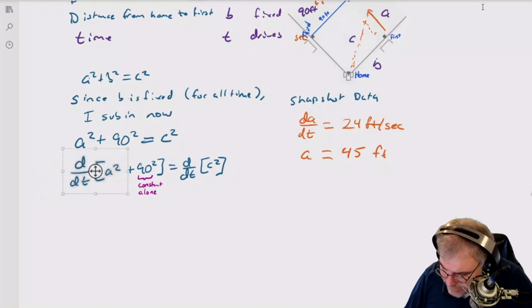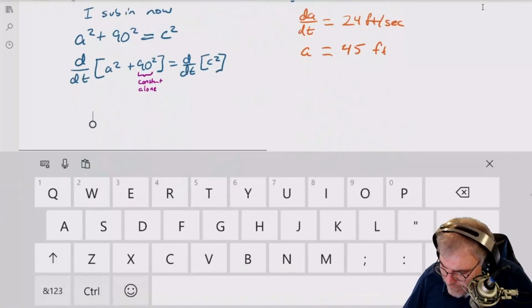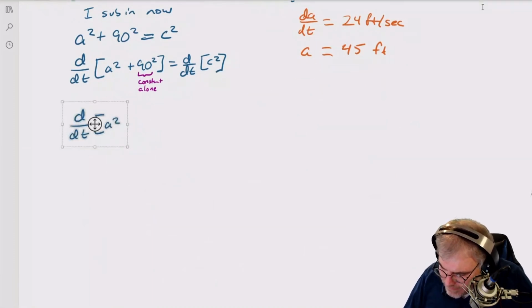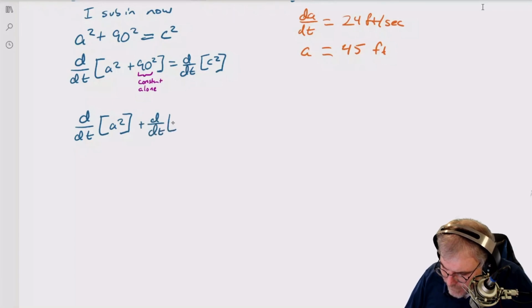Go back. There we go. I spent way too long doing this, right? It would have taken me much less time just to rewrite it. We'll do the sum rule.